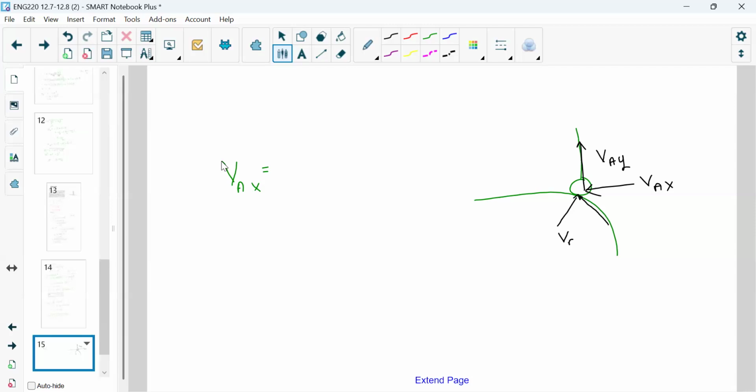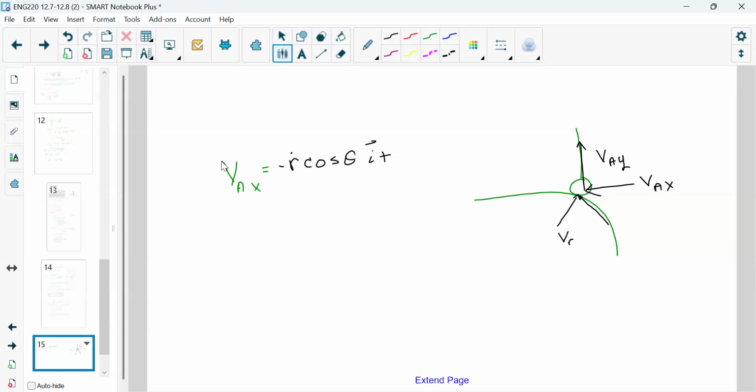So they have 0.5, which we found as our r dot, and somehow it lost a sign. So negative r dot cosine theta plus, that's in the i direction.